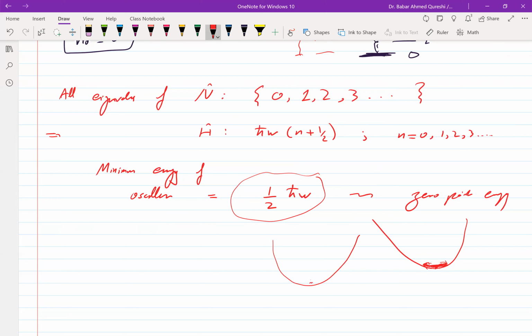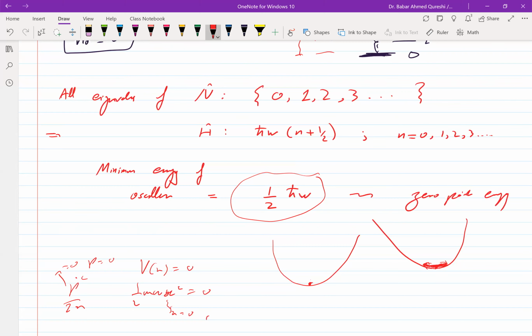You can argue from the uncertainty principle. If it had zero energy, it would have to sit at the zero of the potential. This has to be zero because it's half m omega x square. If this is zero, that means x is zero. And it will have to have zero kinetic energy, which would mean that p is zero.